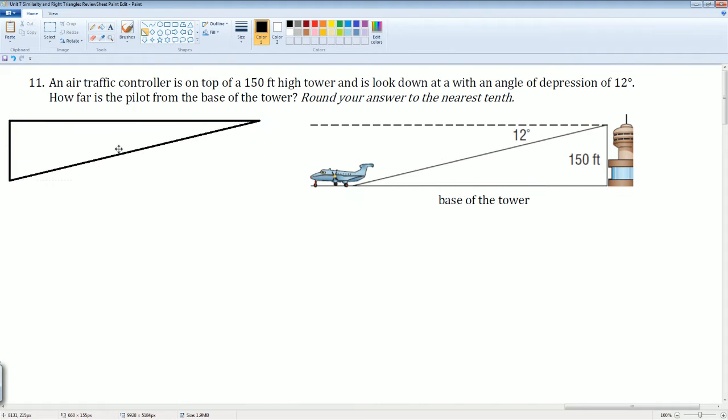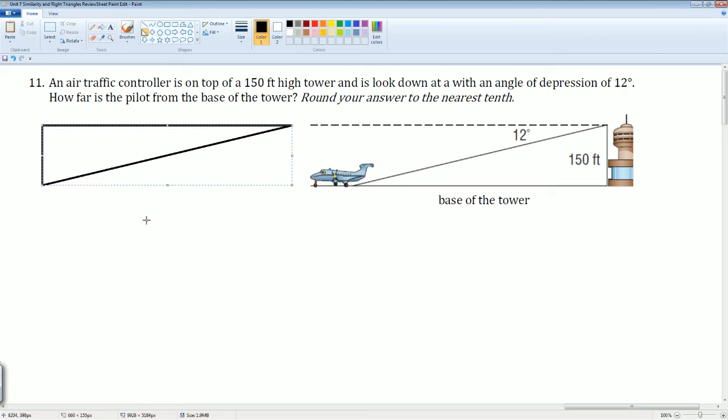Like that. So I can now label it. This is my 12 degree, which is right here. We saw this as my 150 feet. And you don't know the base of the tower, so I'm going to have X. That was the base of the tower.